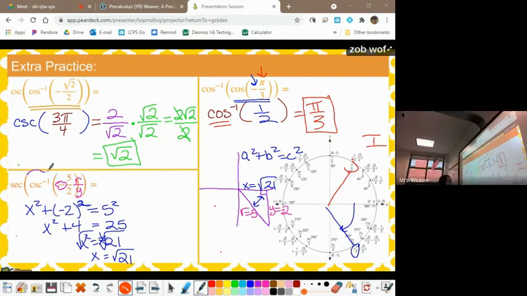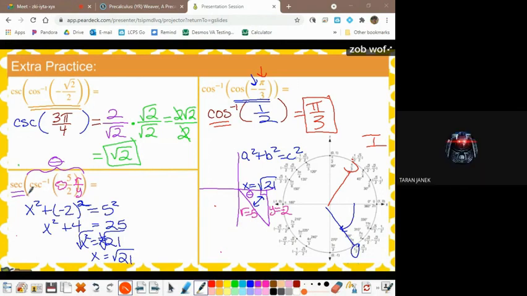Okay, so we wanted the secant of the angle whose cosecant was negative 5 over 2. But we didn't have to actually find the angle. We can still find its secant now because we know all 3 sides of its triangle. So we can find any of the 6 trig functions they want. They want secant. So what is secant in terms of x, y, and r?